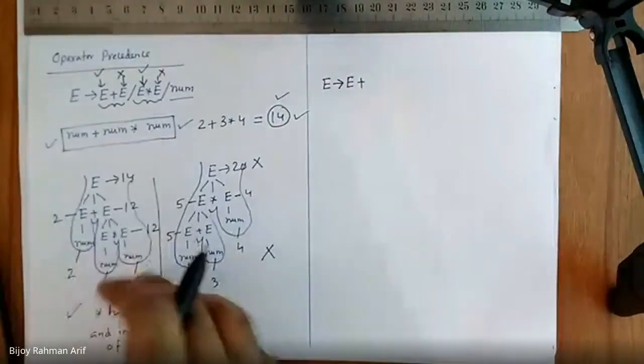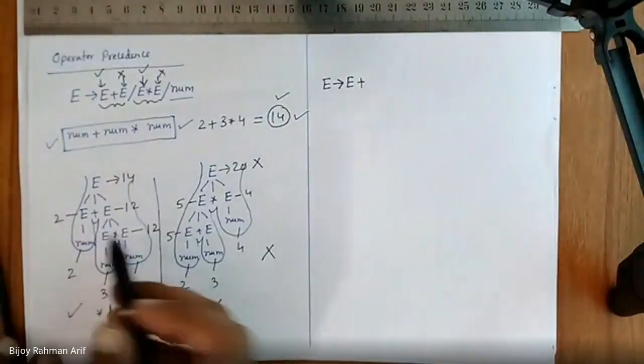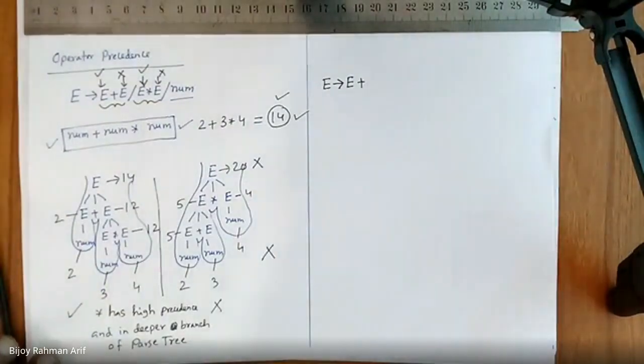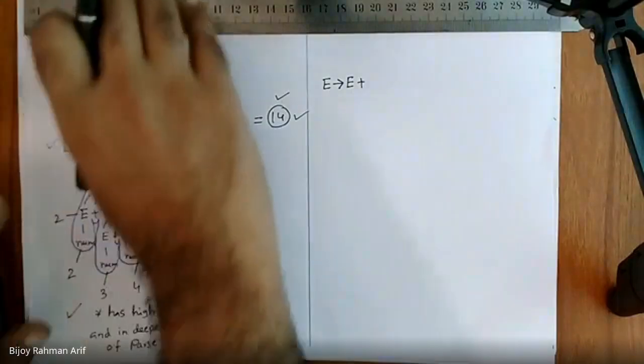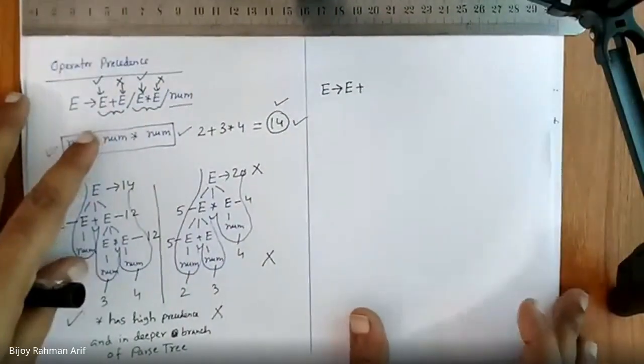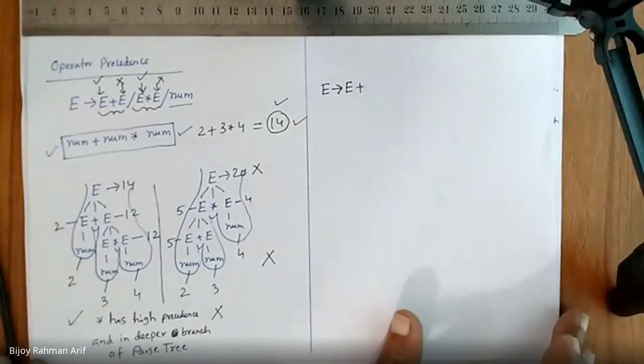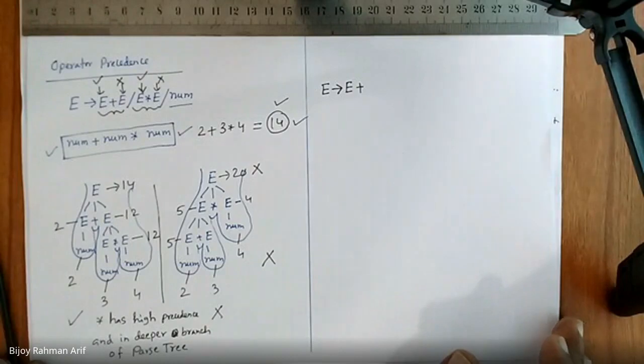Now, how can you give precedence to star over plus? Star has higher precedence than plus. How can you rewrite the grammar so that we can get that solution? We can introduce another variable.